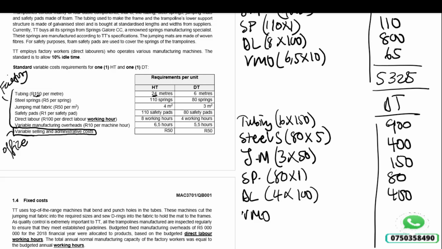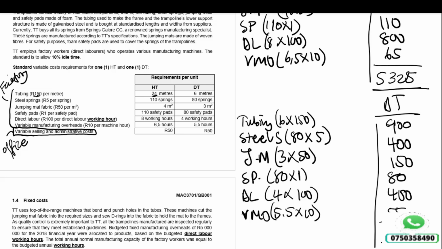What do I have here? I have 10 rand per machine hour, and yet this time now DT requires 5.5 hours times 10, which is going to give me 55. So it means that the total of this is how much? 1985.